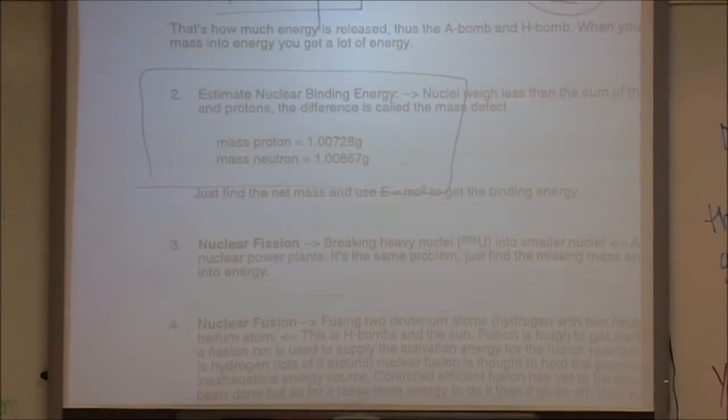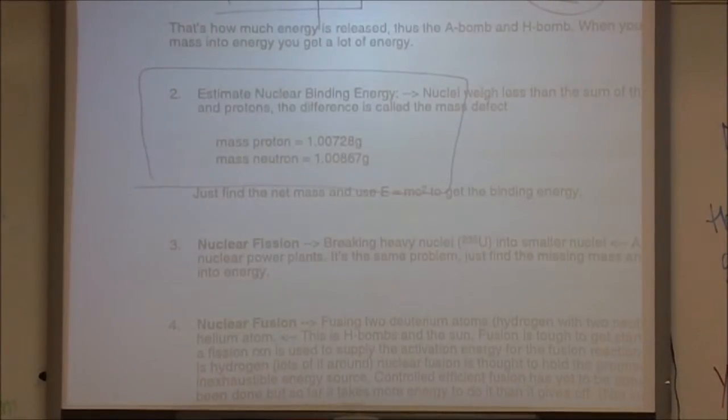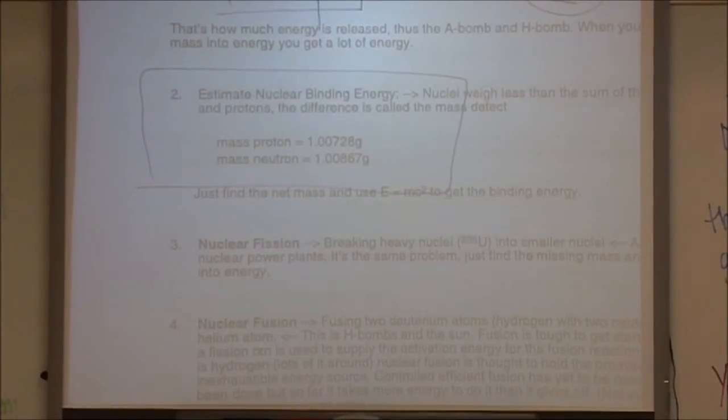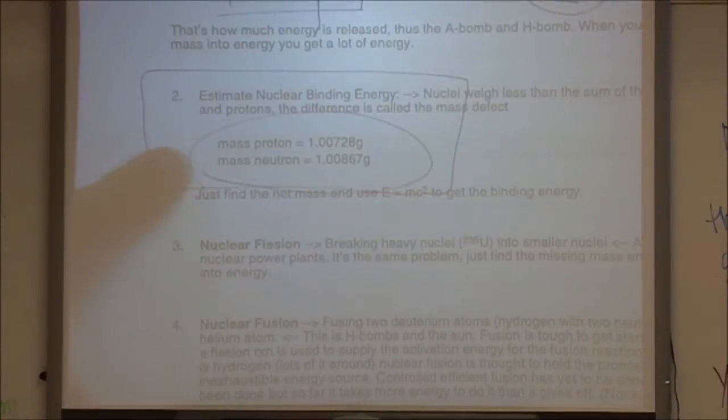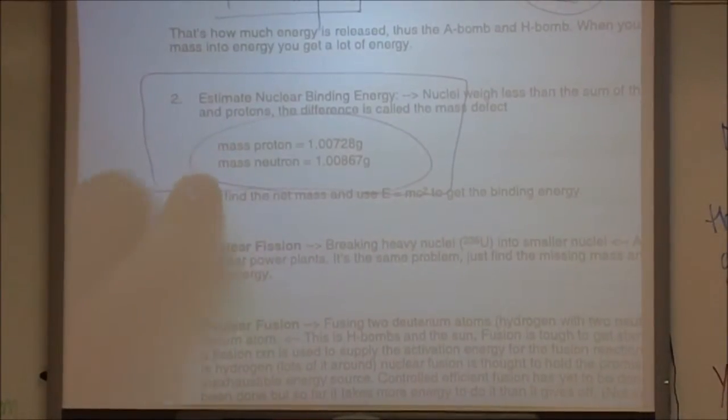Because all protons are positively charged, so naturally they're repelling each other. Correct. All protons are positively charged, so the inclination for those things is to repel. Something's holding them together, so that's what the binding energy does. Some of the protons and neutrons' mass is converted to energy, and it's the glue of the nucleus. You're going to be using the mass of the protons and neutrons to do that. Do not memorize that. I will give that to you, and we're going to work a problem with that here in a minute.